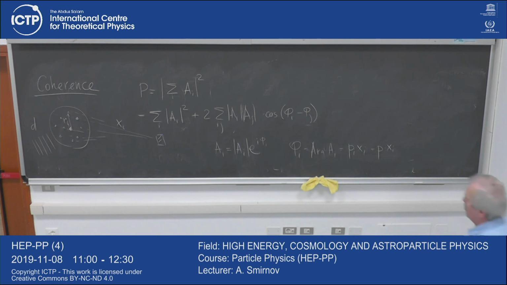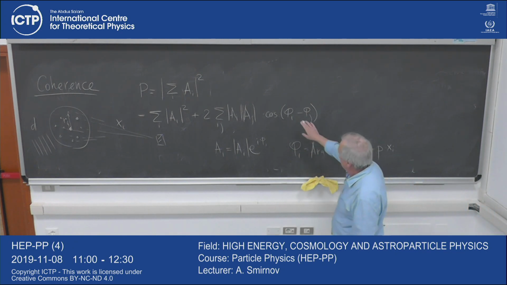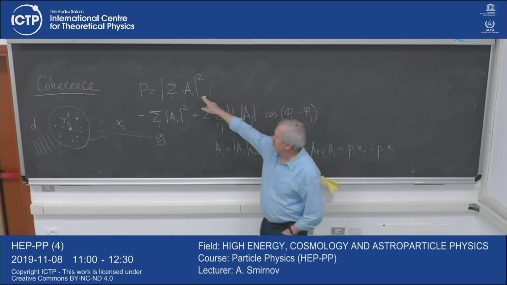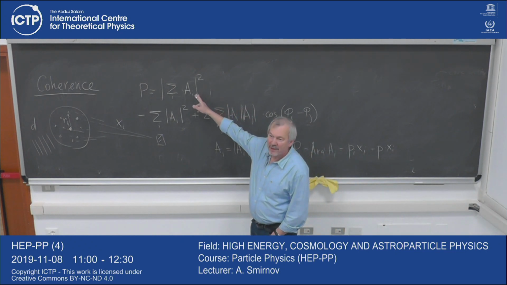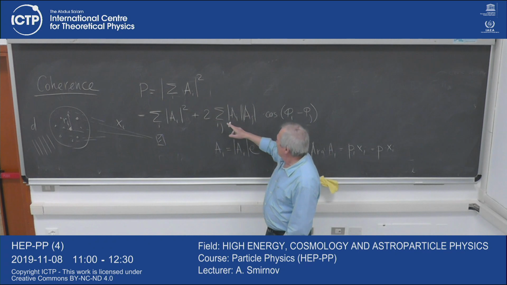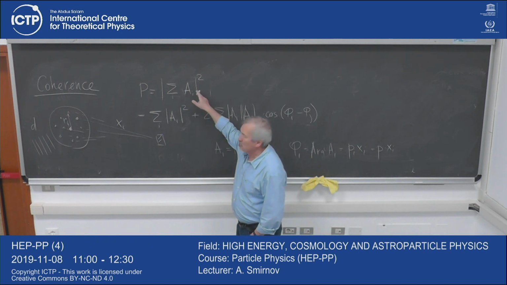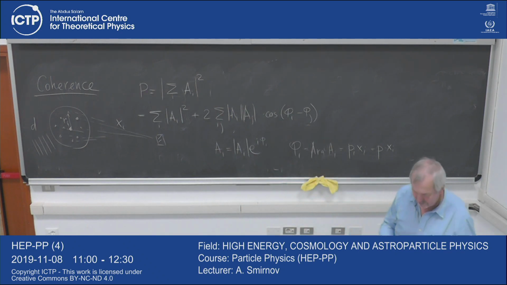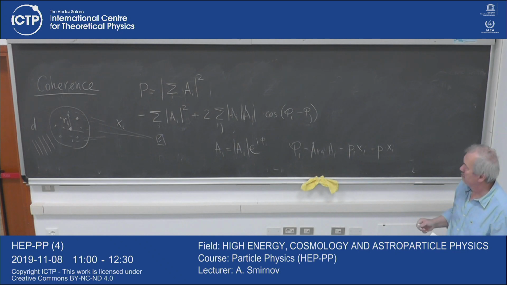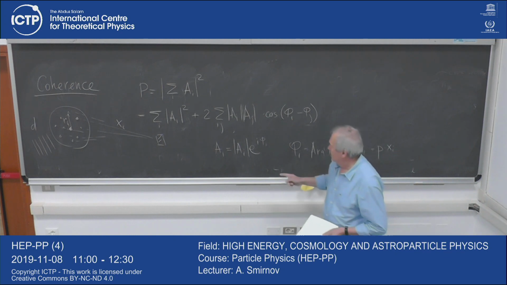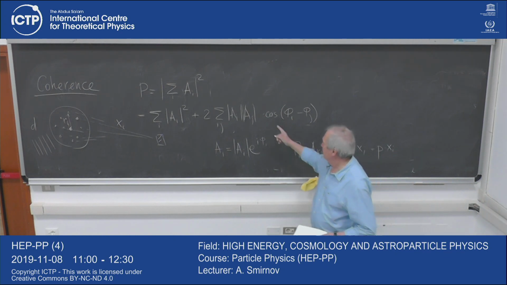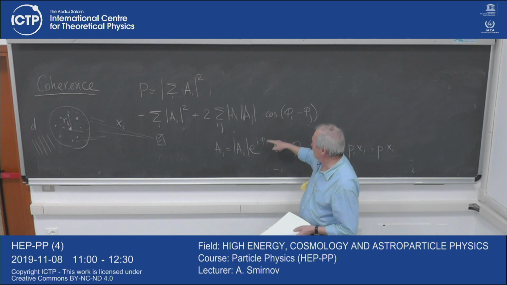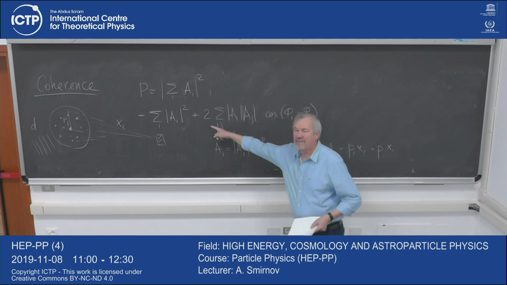Now let me come back to this expression. So do you understand what's going on? When I'm opening this, I'm getting these cross terms, right, when I do the square, and so these are moduli of individual amplitudes squared. Okay, and then I have these exponents with plus and minus sign, which gives me cosine and a factor of 2.